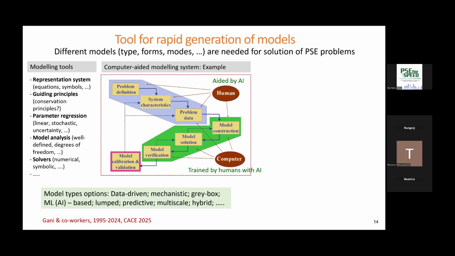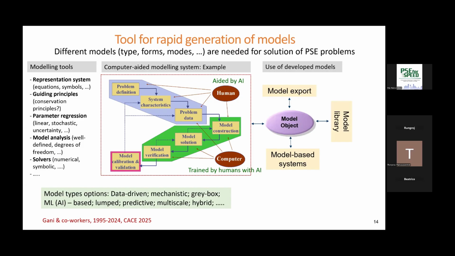Once this gives us a model, we can say that this is a model object. We can export to other environments. We can keep it in a library, or we can use it to develop systems for synthesis design, and all of that into integrated systems.